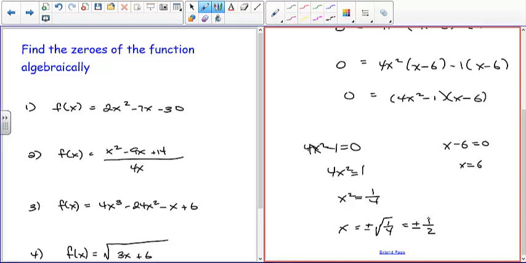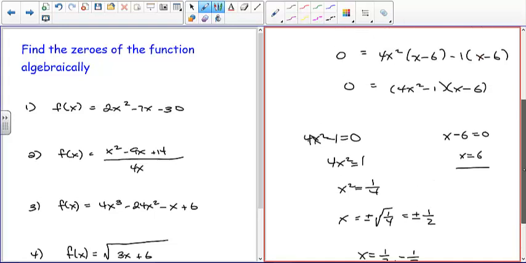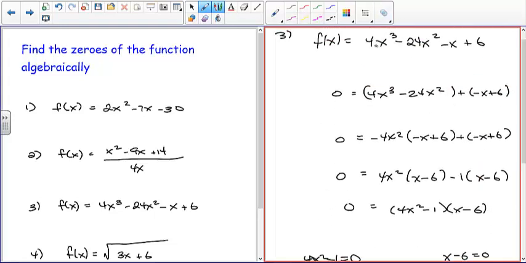So there are three solutions: x equals 6, x equals positive 1/2, and x equals negative 1/2. And that makes sense. For a third-order polynomial, you have to have 3 roots, 3 real zeros, or 1 real zero. You can't have even numbers, 2, 4, whatever.